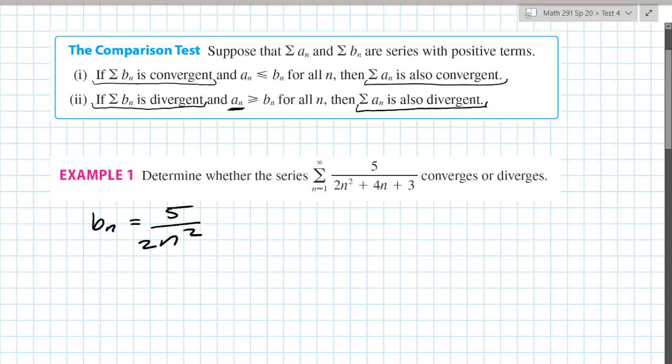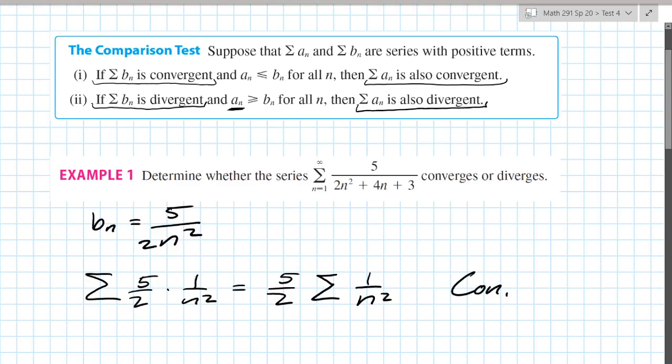So our summation is 5 halves times the sum of 1 over n squared. What can we say about this series? It is a convergent p-series, since p is 2.